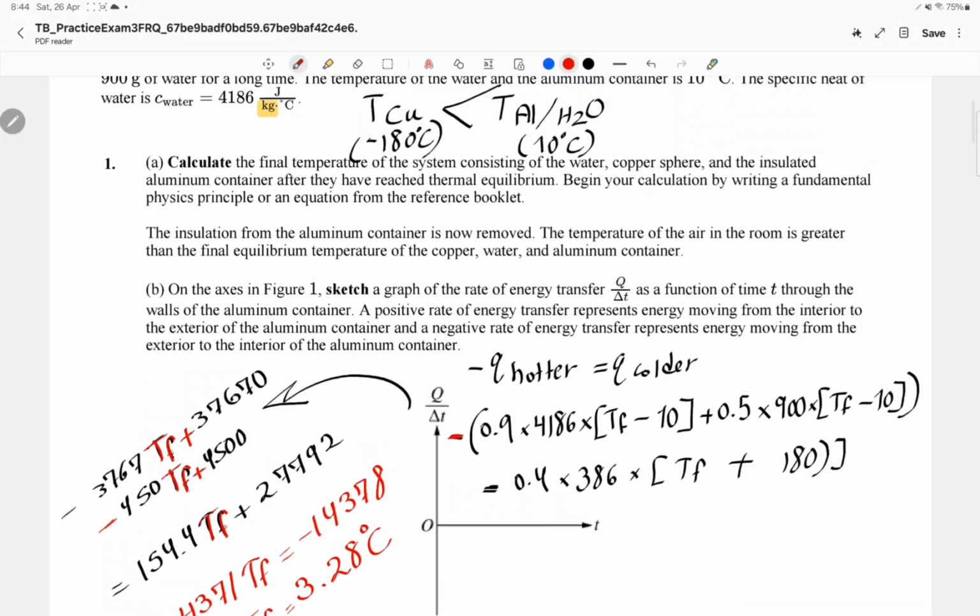So look, now the temperature of the air in the room is more than the temperature of the copper, water, and the aluminum container. Which means that the heat has to be moving from the air to the aluminum, right? Negative rate of energy transfer means moving from the exterior, which is the air, to the interior.